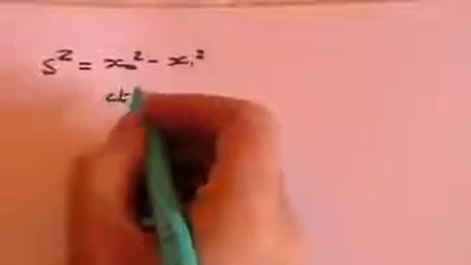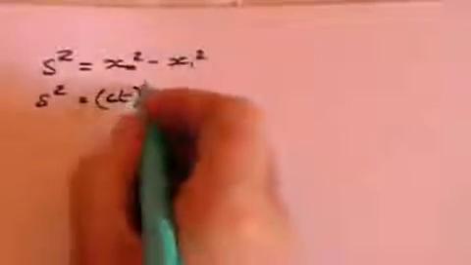So let's consider this term s squared, which equals x0 squared minus x1 squared. x0 is c times t. So we can say that s squared equals c squared t squared minus x1 squared.